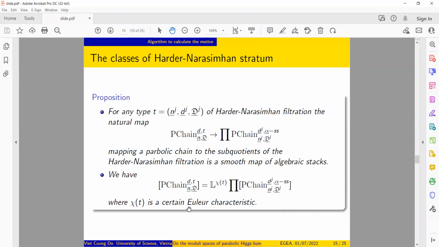To calculate the dimension of the fiber, we use the Riemann-Roch theorem, and we have some kind of Euler characteristic here. For sure we have an explicit formula, but it's very complicated, so let me not mention the formula here. In some sense, we can do our calculation of Harder-Narasimhan by induction.